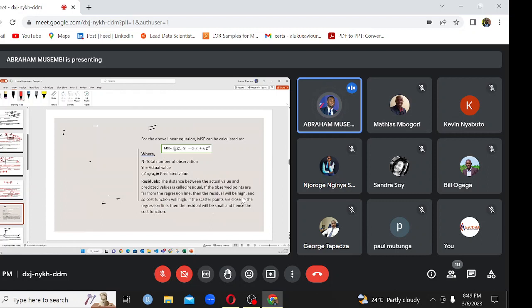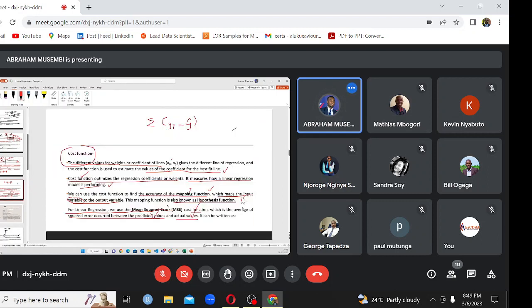We have the formula here, and of course, we are talking about the average, so you have to divide by n. And remember, our y hat is equal to a times x plus b. This is the constant.